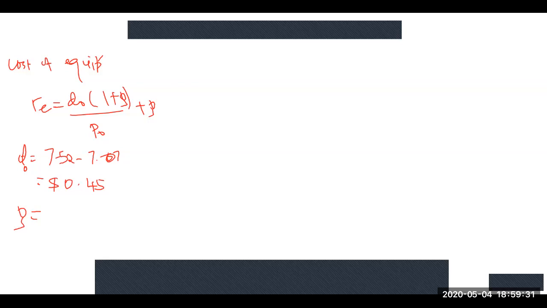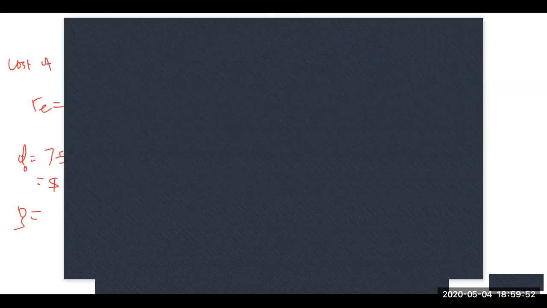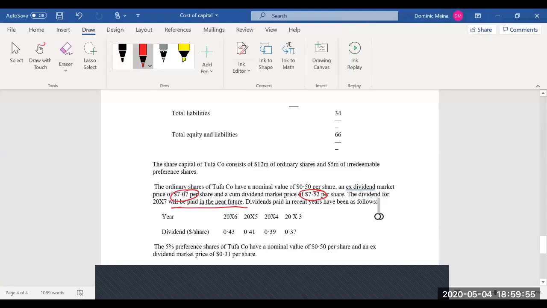How do you get the G first? It's the current dividend over the last year's dividend. The current dividend was how much? It is 0.43 over 0.37, raised to the power of 1 over 4, minus 1.